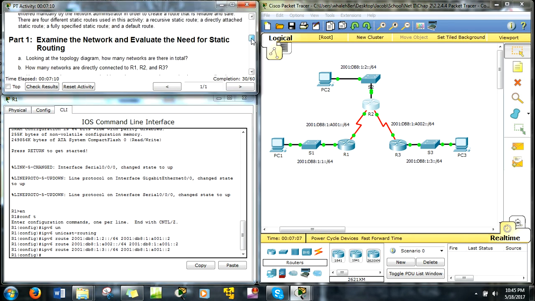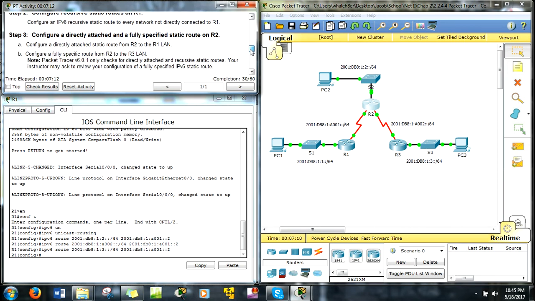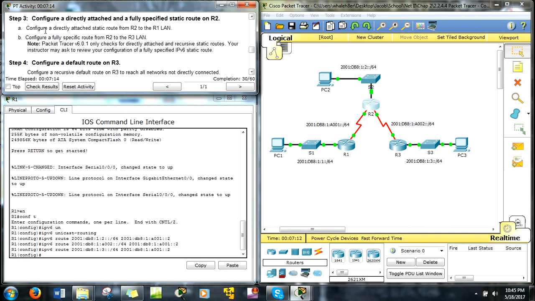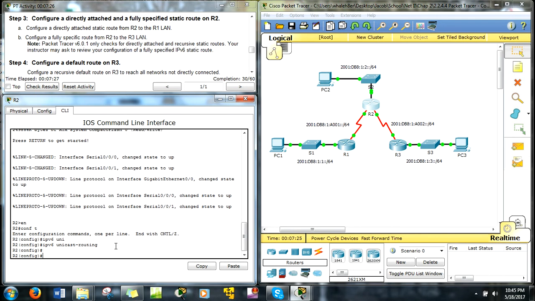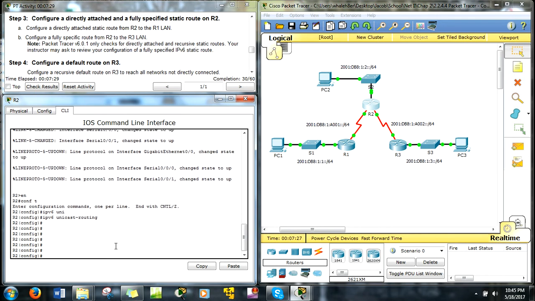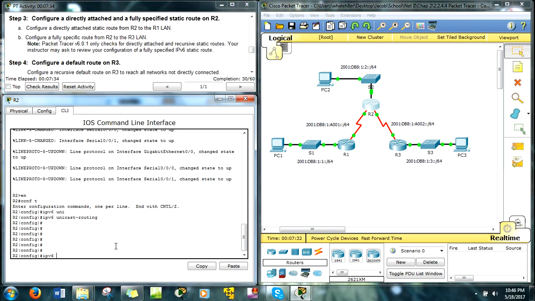Figure out what we're going to do next. So we did R1. What do we do for R2? Configure directly attached static routes from R2 to R1's LAN. Okay, let's do it. So this is R2 now. Global config. We're going to do a directly attached route. So IPv6 route. We want to go to what did it say?